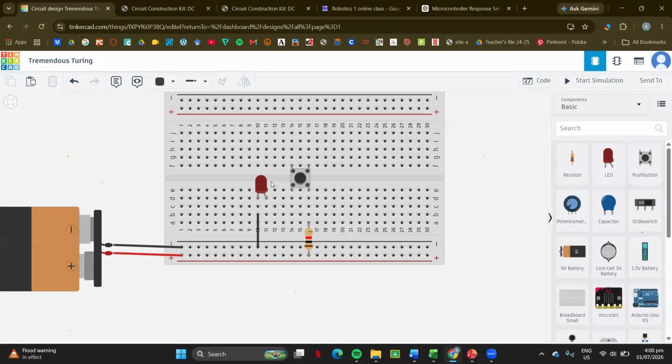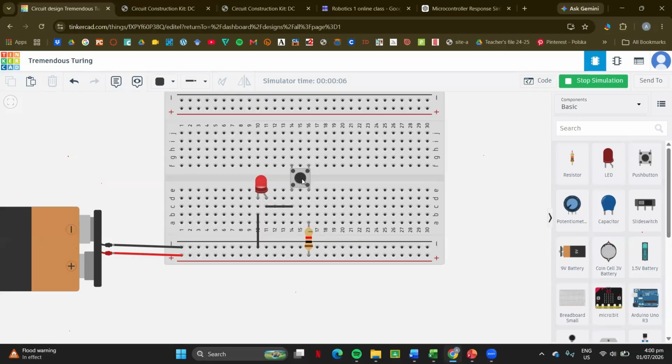I need to connect my button to my LED, obviously, for me to control it, right? So I'll draw another wire. I won't put it on 15 because the leg of the button isn't there, right? Where is the leg of the button? It's on 14. So I connect there. Start simulation. Now, if I do press the button, you can see that it lights up.